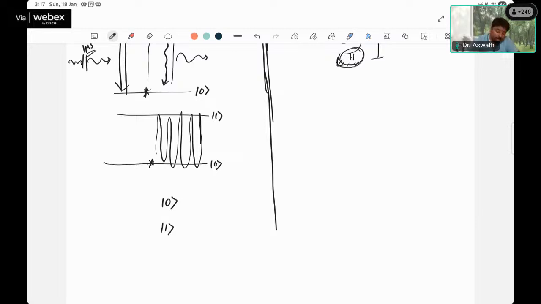Out of 100, some are found in the zero state with a probability of, let's say, 60%. Another 40 will be found in the excited state. So that is the alpha and beta for me. Using this probability concept, I explain how an electron is in both the ground and excited states. That is a superposition for me.